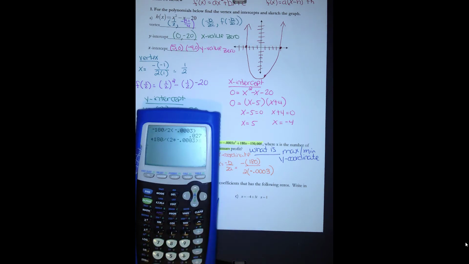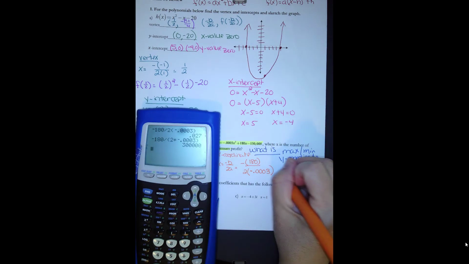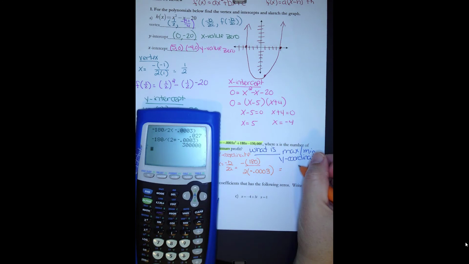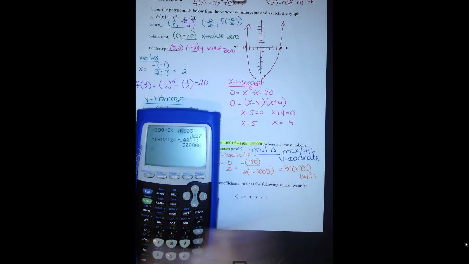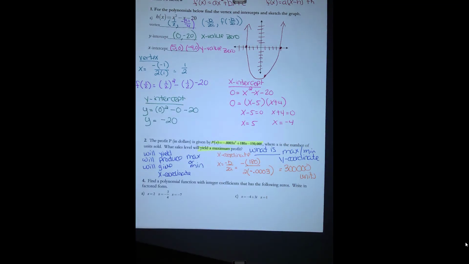And if we recall, we want that second one just so we use our order of operations. And we know that looking at this, we are going to end up with 300,000 units. So not too bad.